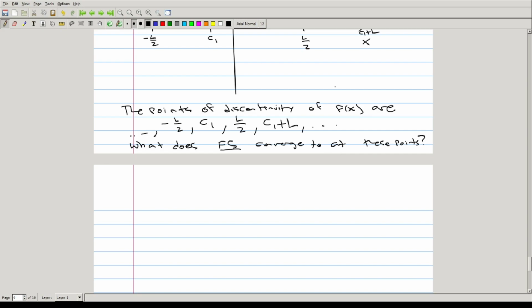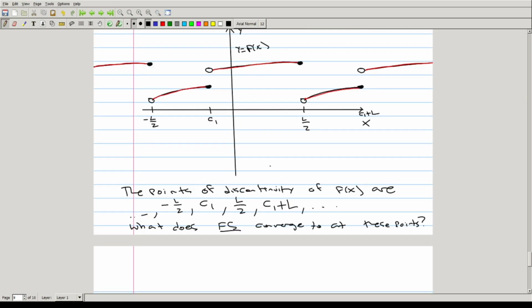If you investigate this, say by plotting the Fourier series in Desmos, or using the Python code that I'll provide for the class for computing Fourier series, you'll see for any example that the Fourier series actually ends up converging to the average of the limit as you approach the discontinuity from the right and from the left.